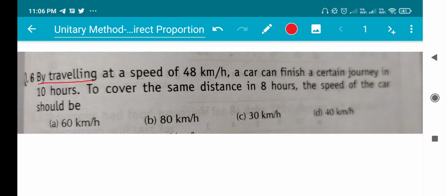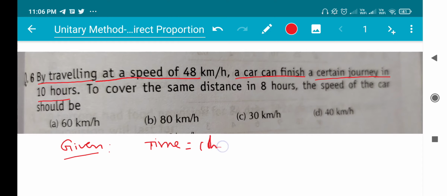By traveling at a speed of 48 km per hour, a car can finish a certain journey in 10 hours. So what is given? By traveling at a speed of 48 km per hour, a car can finish a certain journey, which means the time is equal to 10 hours.